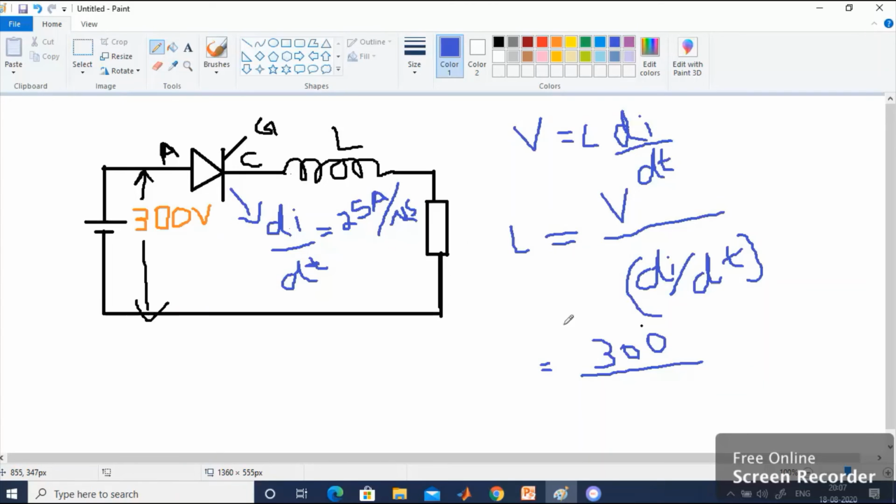That means 25 divided by, how to convert microsecond into second? 1 microsecond is equal to 1 into 10 to the power minus 6 second. So we can write 300 divided by 25 into 10 to the power 6. Then 300 divided by 25 is nothing but 12.